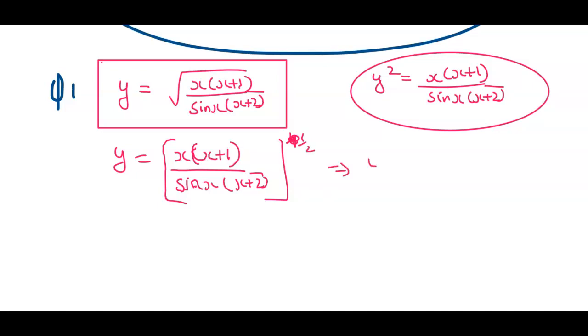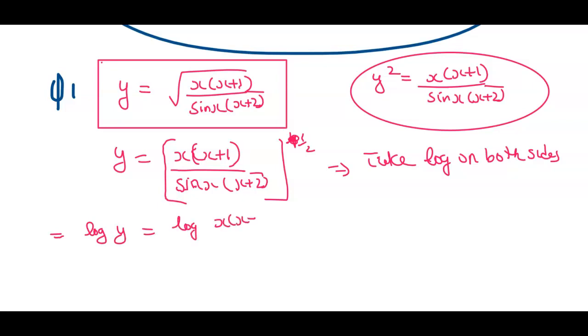Now take log on both sides. If I take log on both sides, it will be log of y equals log of x into x plus 1, sin x, x plus 2 whole to the power half.